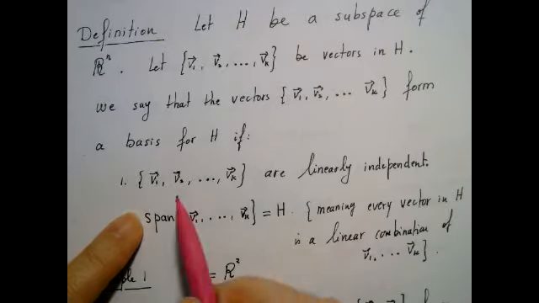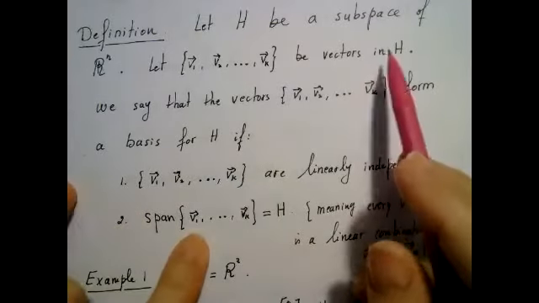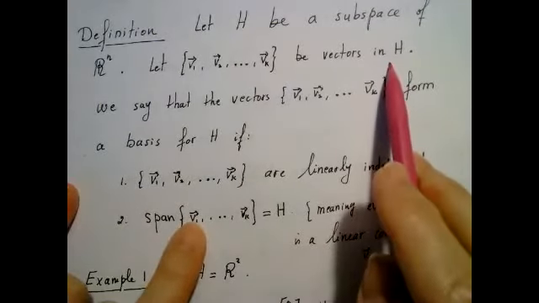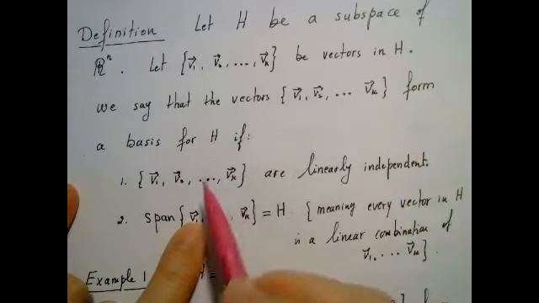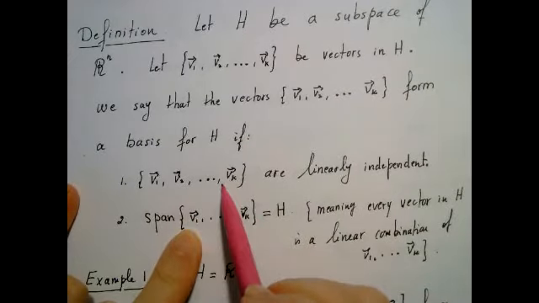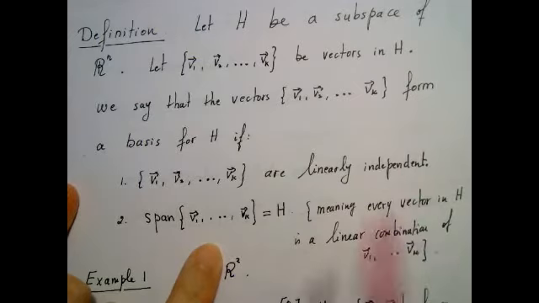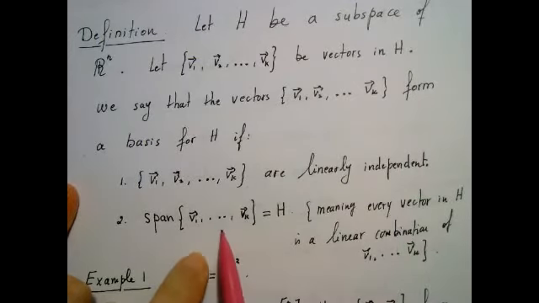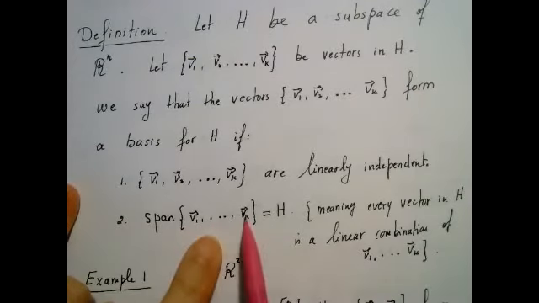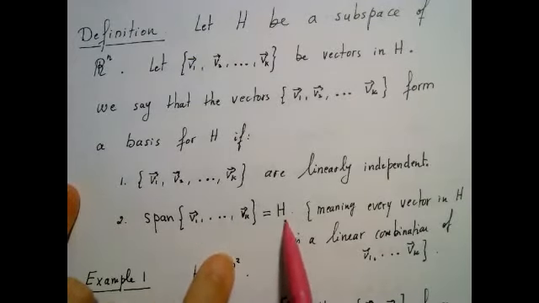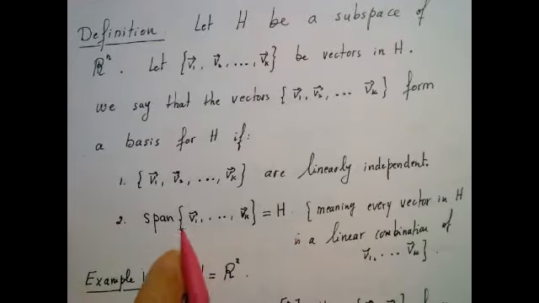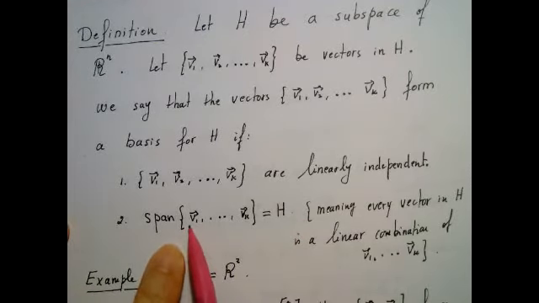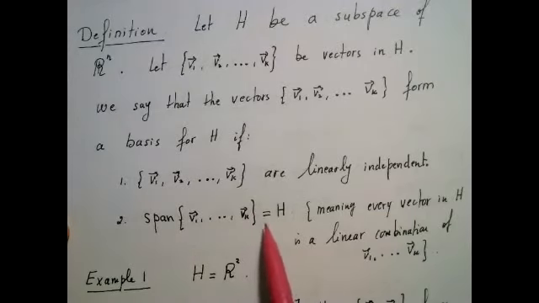First, the vectors are linearly independent. So I have a subspace, I have a bunch of vectors in it. We say that they form a basis if those vectors are linearly independent. Second, which is a very important one, the span of V1 through Vk is all of H. Remember, the span is all possible linear combinations of V1 through Vk.